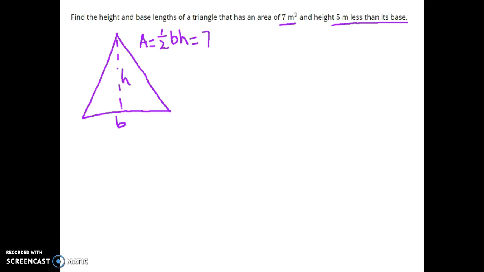The other piece of information I have here is that the height is 5 less than the base. So I'll write it out as that.